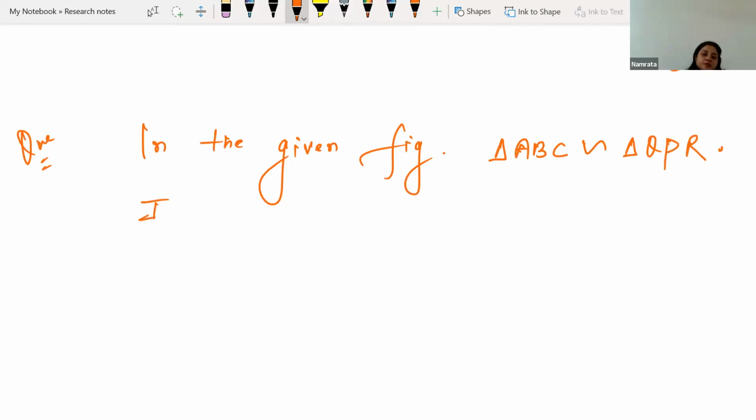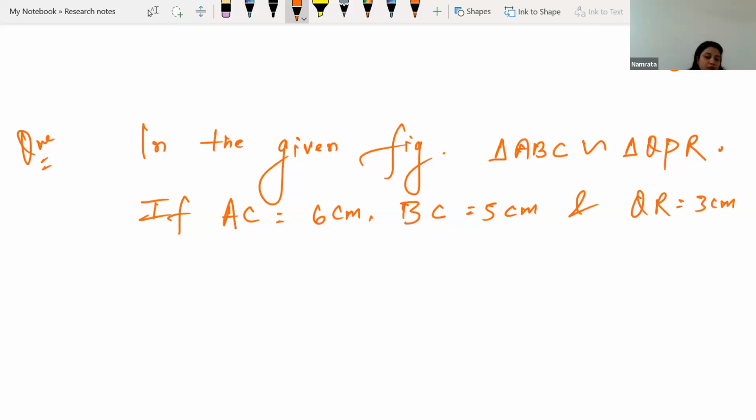If AC is equal to 6 centimeters, BC is equal to 5 centimeters, QR is equal to 3 centimeters, and PR is equal to X, then find the value of X. Let me draw the figure, then it will make sense to you.